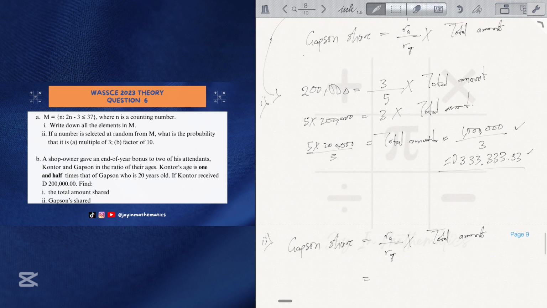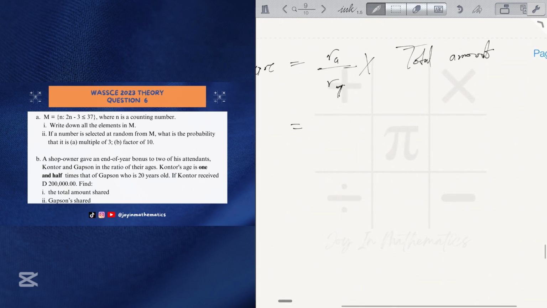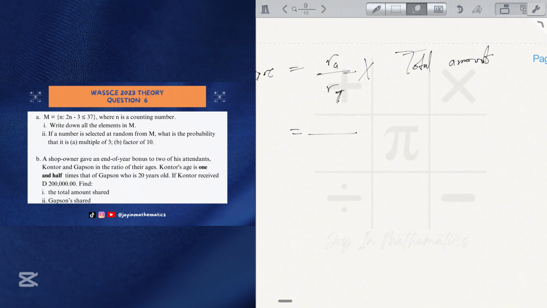So we can find Gapson's share now. The ratio of Gapson is 2, divided by the total of 5, multiplied by the total amount.